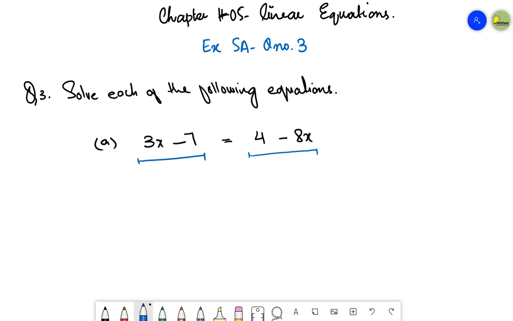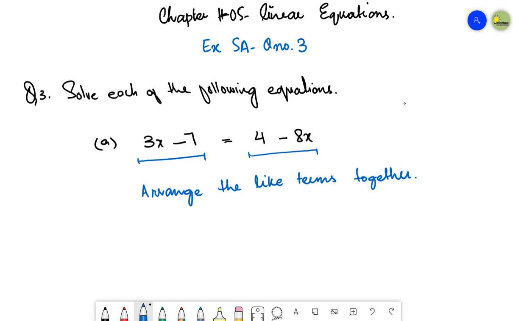So in these kinds of equations, you need to arrange the like terms together. We need to move the like terms together. We are supposed to change this equation in such a way that our like terms can be written together on one side.